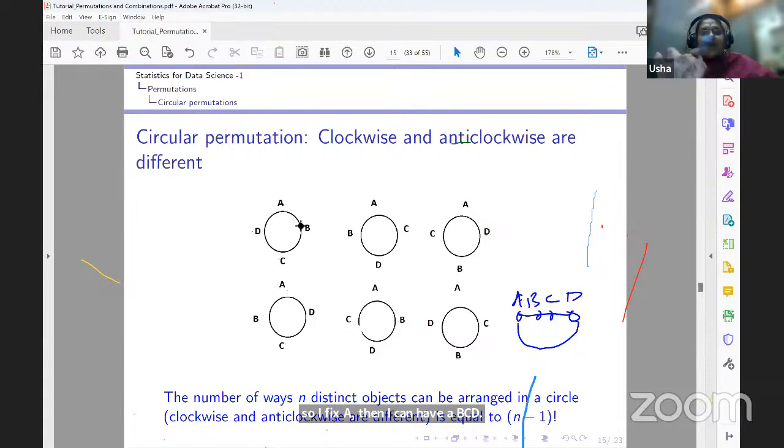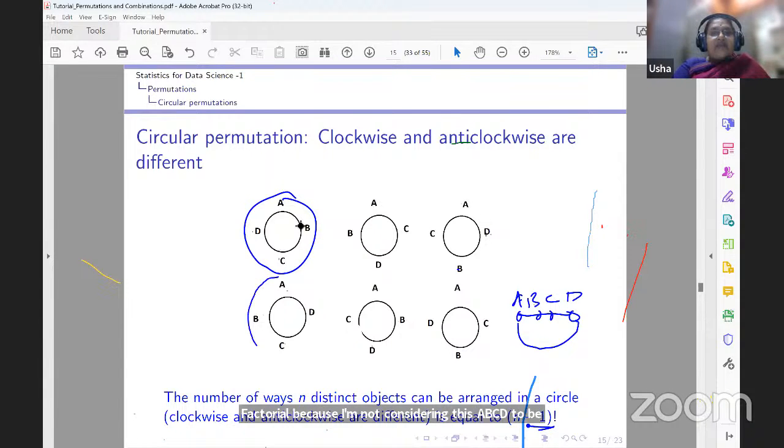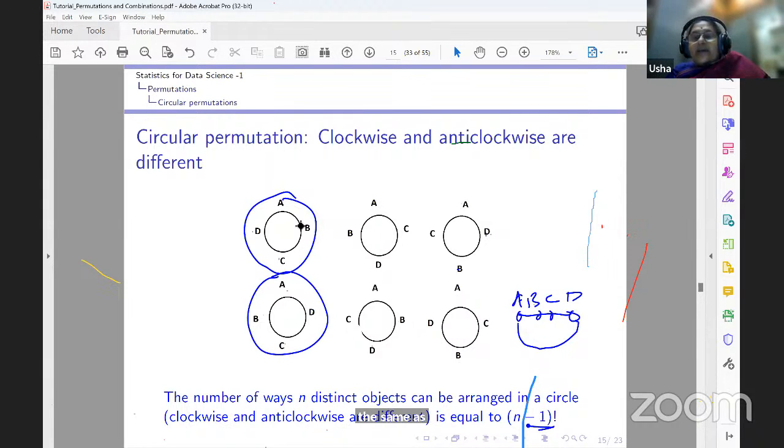So the number of ways I can arrange n distinct objects in a circle where clockwise and anti-clockwise are different is n minus 1 factorial, because I'm not considering A, B, C, D to be the same as A, D, C, B. I'm considering them to be different. Is it clear?